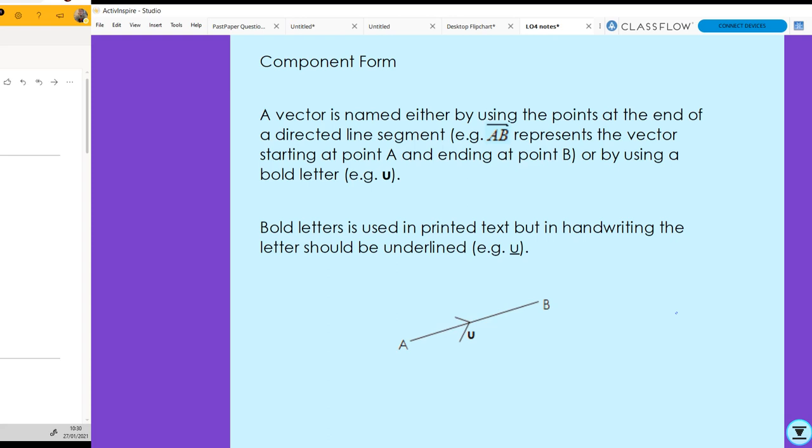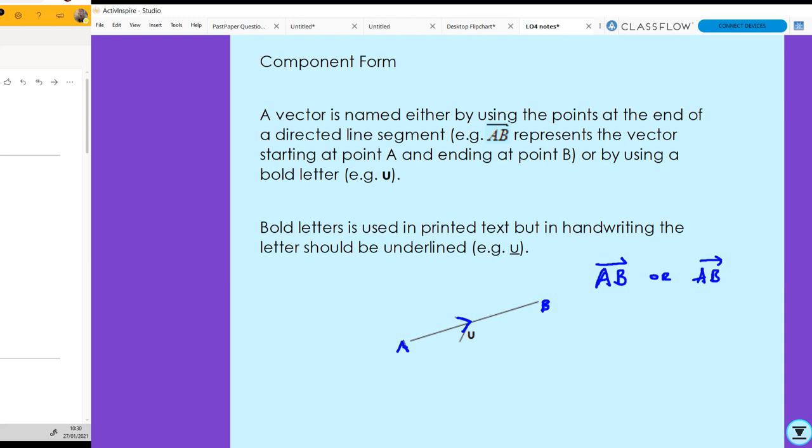So looking at this diagram at the bottom, it goes from A to B. And the reason I know it goes from A to B is because on that line, the arrowhead is pointing from A to B. So that can be written either with a half arrowhead above it or a full arrowhead. They mean the same thing. It just depends on what software people are using or what they've written in their own career to date. Again, the arrowhead shows it starts at point A and ends at point B.